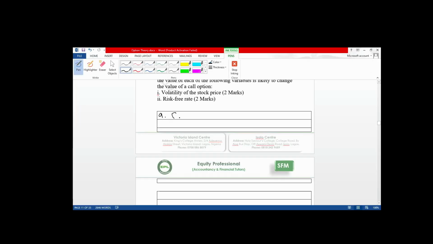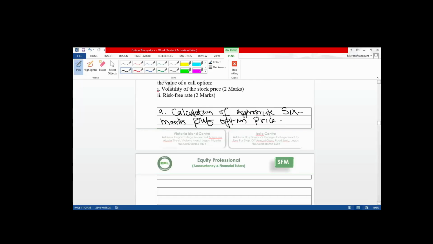Requirement A: calculation of appropriate 6 months put option price using Black-Scholes model.